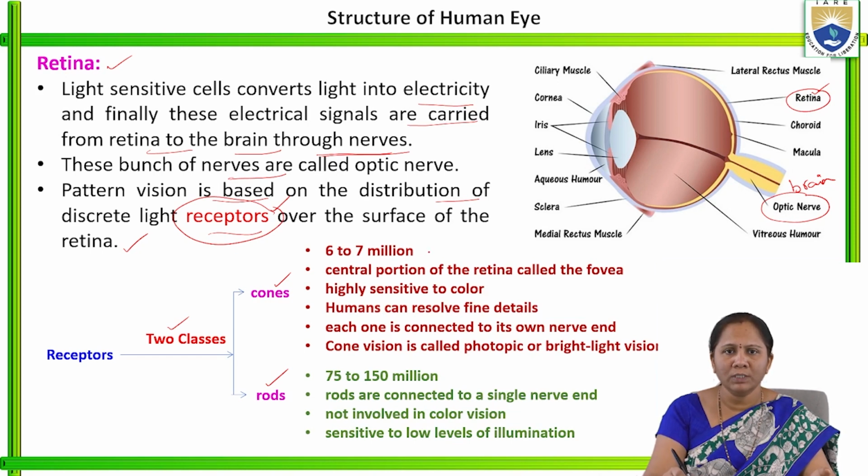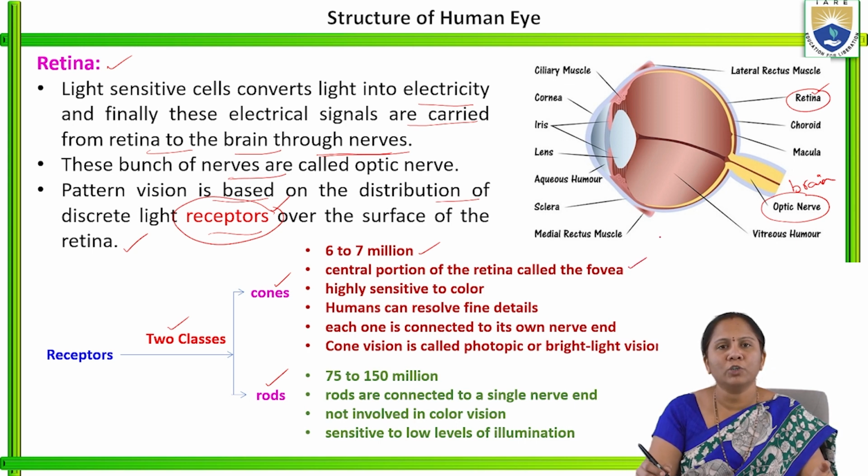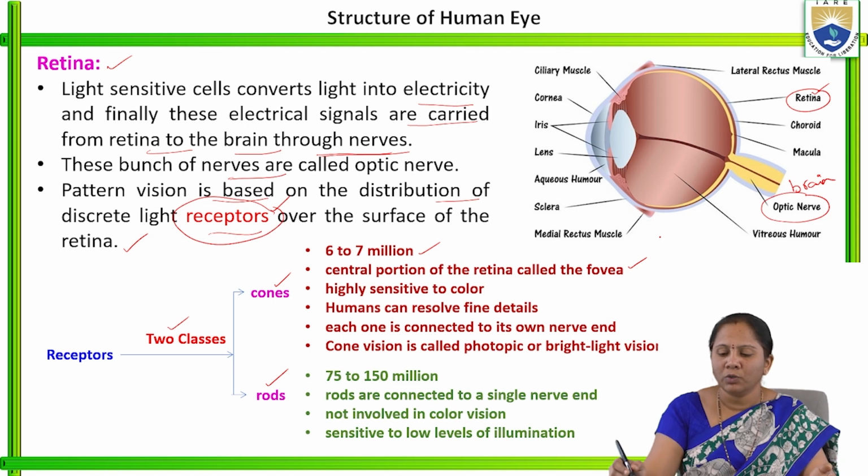The number of cones available is 6 to 7 million, and the cones are present at the central portion of the retina. So here you can see the retina. If the light falls onto the retina, it should fall on the central part of the retina; only then is it capable of identifying that particular image.